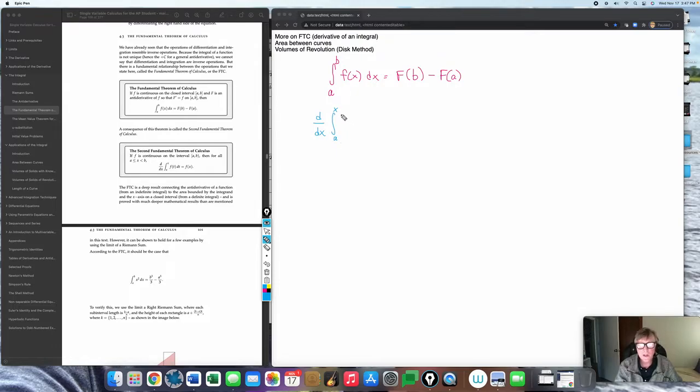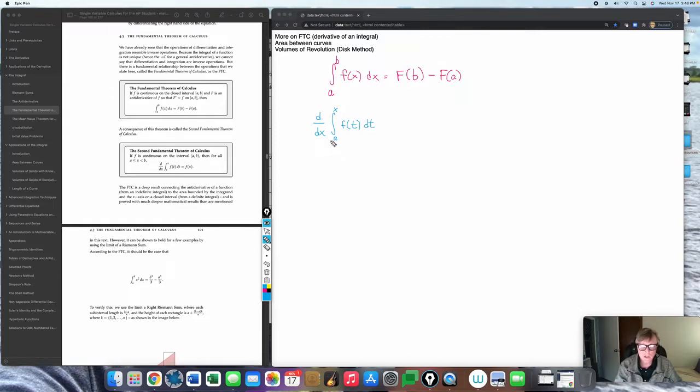Now, because that's an x, we need to make sure that the integrand, the thing that we're integrating, has a different variable temporarily. So we talked about u substitution. This is going to be t. We could use u or some other thing. But essentially what's happening is you're going to find the antiderivative, which is capital F of t, and then you're going to plug in x, and then you're going to plug in a.